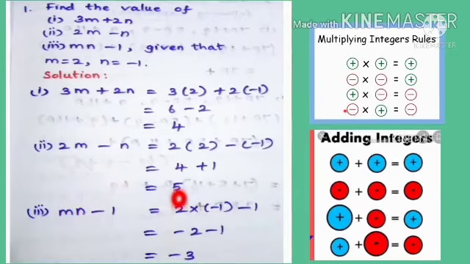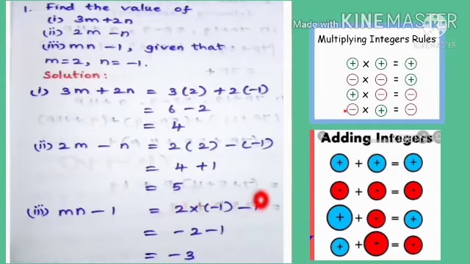So, the value of m is 2 into the value of n, which is minus 1, minus 1. Here, the first minus 1 is with the product of 2 and the last minus 1 is a constant. So, here 2 into minus 1. By using multiplication of integer rules, plus into minus is minus. 2 into 1 is 2. So, we get minus 2.